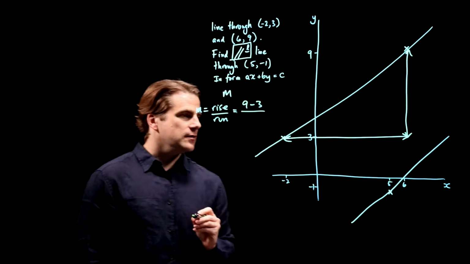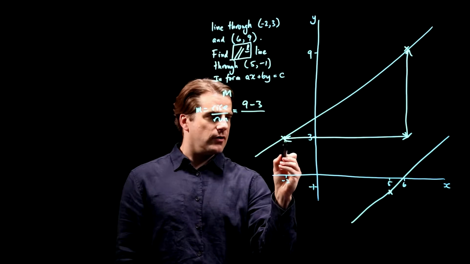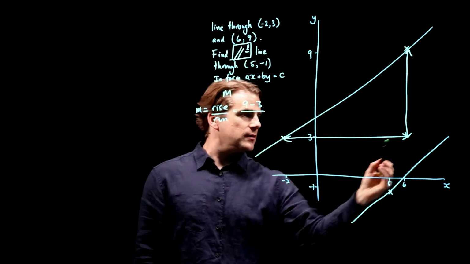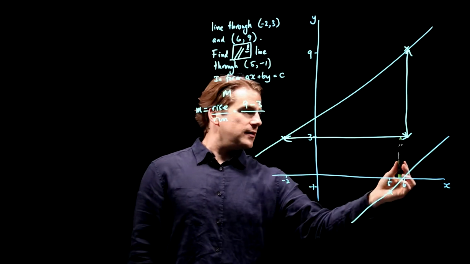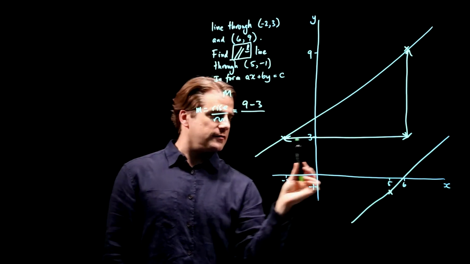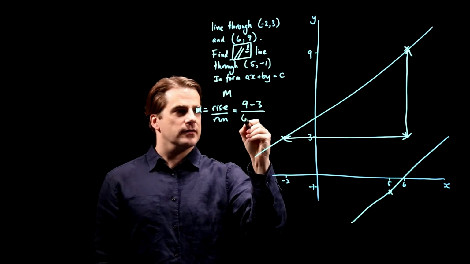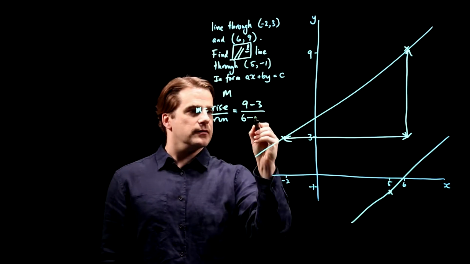The run, it's going from -2 to 6. So that distance there is 6 minus -2.